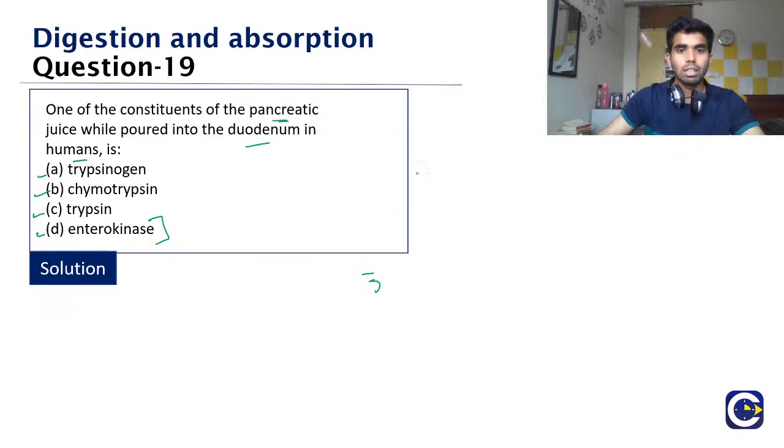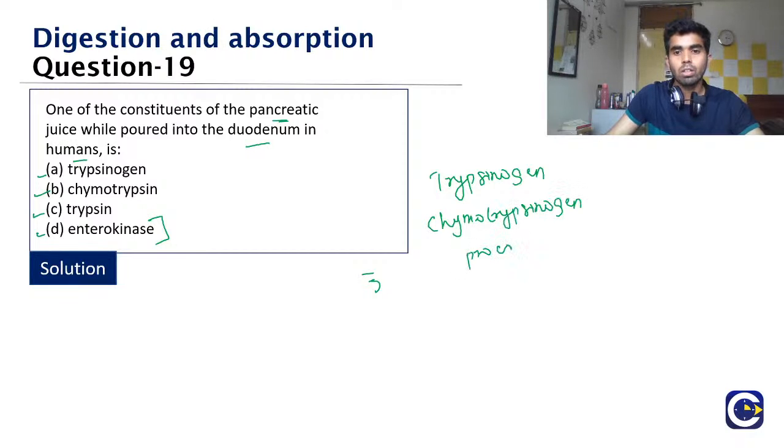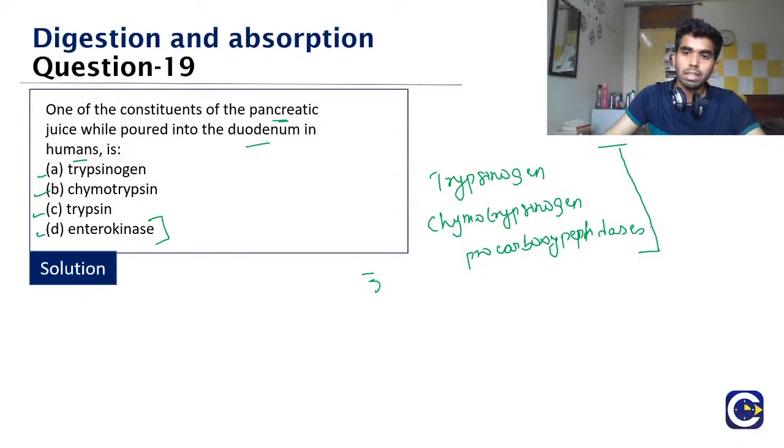The pancreas secretes three enzymes: trypsinogen, then chymotrypsinogen, and the third one, procarboxypeptidase. All of these three are present in the inactive form, also known as the zymogen form.